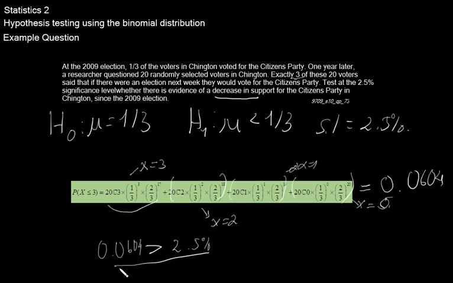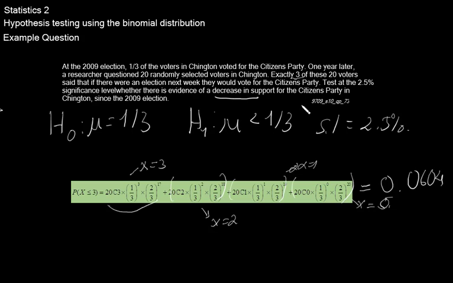And as we said in the last video, if the probability is bigger than the significance level, that means we accept the null hypothesis. So in this case, we are concluding that there is not enough evidence of a decrease in support for the Citizen Party. So we say that we accept H0.